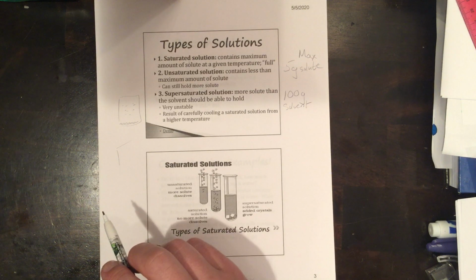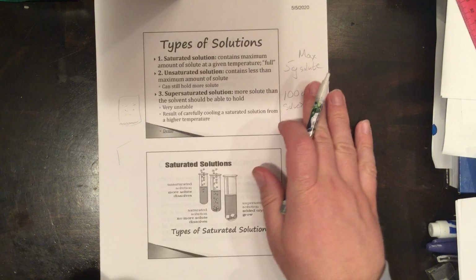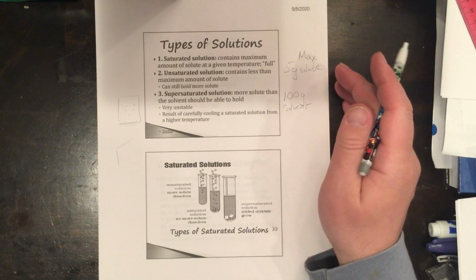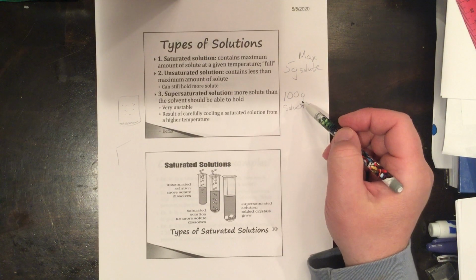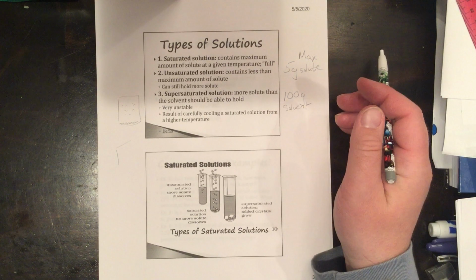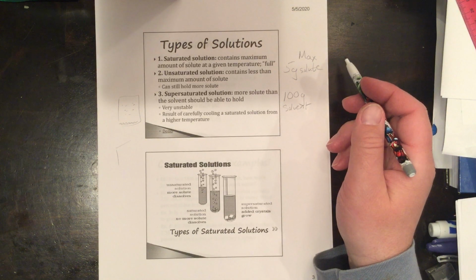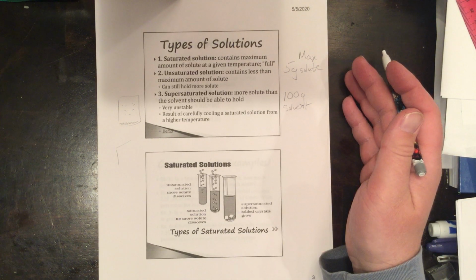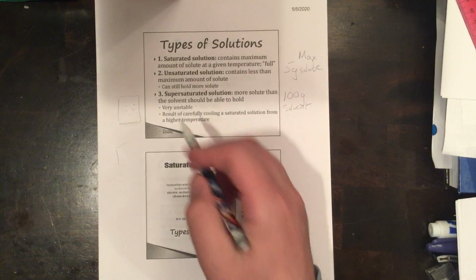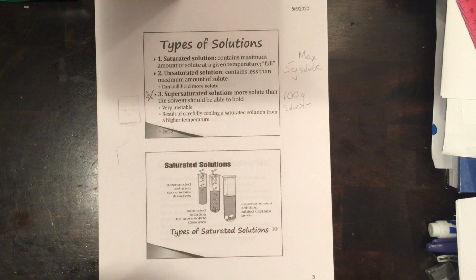Okay. All right. So a lot of times you can look these up in tables in books, like how much salt can dissolve in 100 grams of water, or how much of a chemical can dissolve in 100 grams of water, and you can look those things up in a book, okay? Now, once in a while, you'll get this special situation here. And there are different ways to do it.